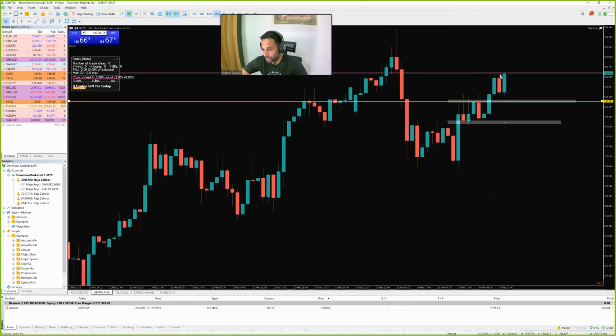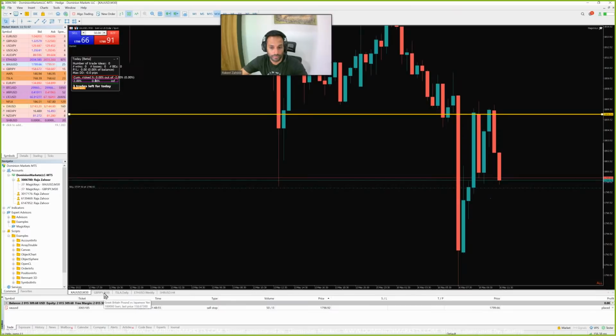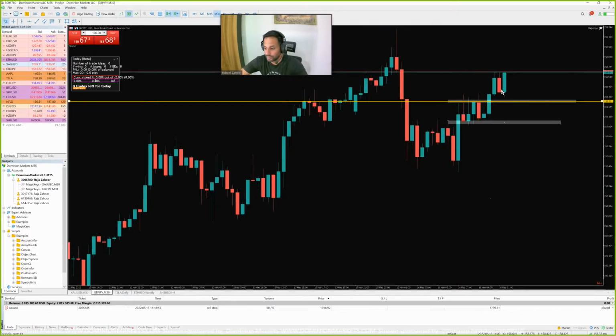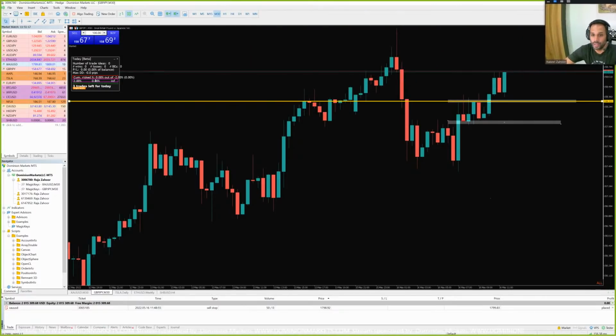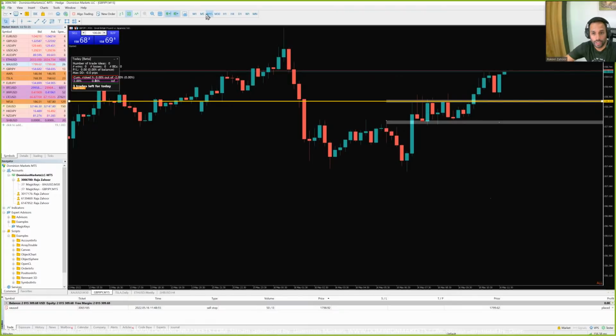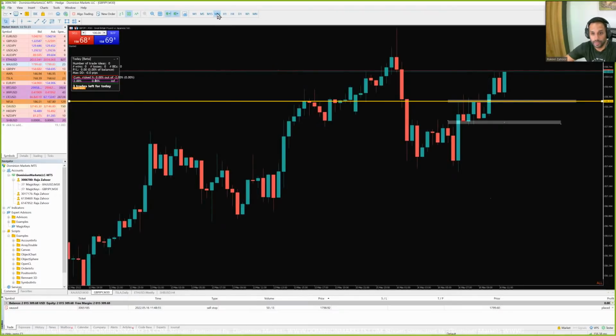That's what I would want to see on pound yen, for this 30-minute candle to close bullish and then the next one to go up.